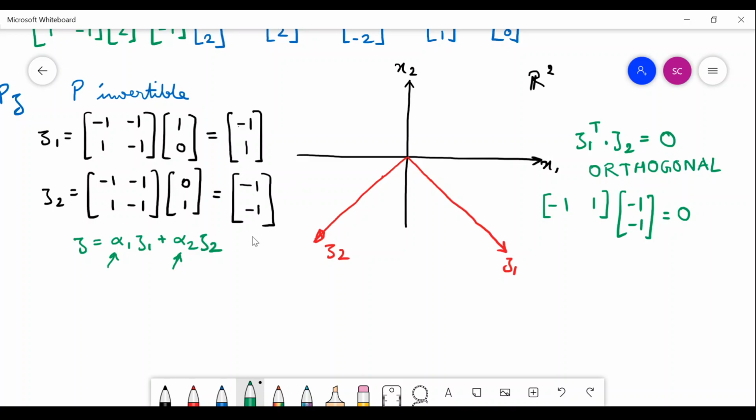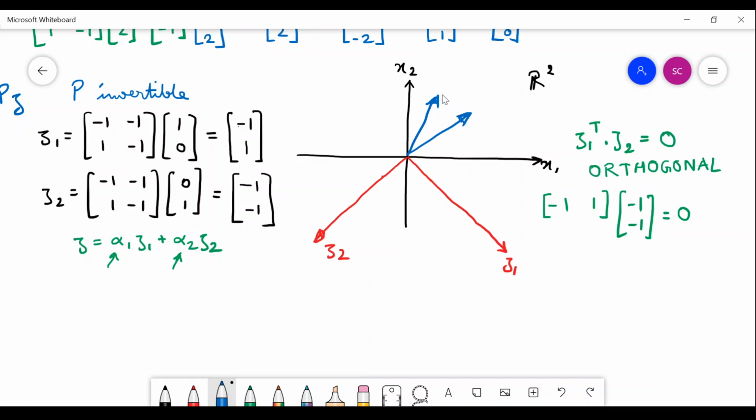I will show you an example. Suppose I take this vector and this vector. Of course, they are not orthogonal. I don't have to tell you that they are not orthogonal. You can see it from the geometry. However, these two vectors are independent of each other. When can I call two vectors independent of each other?